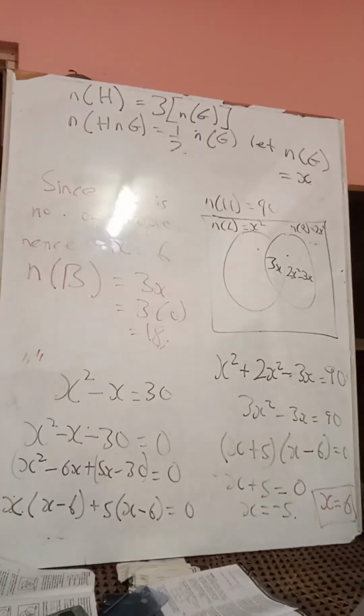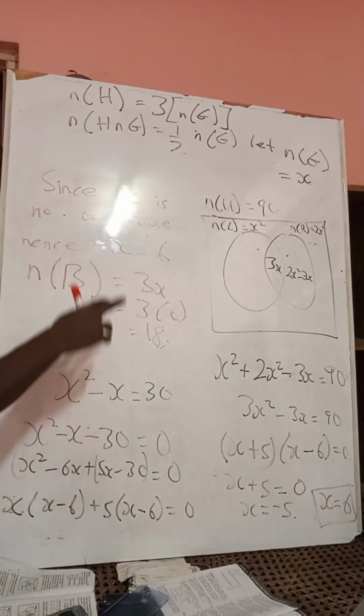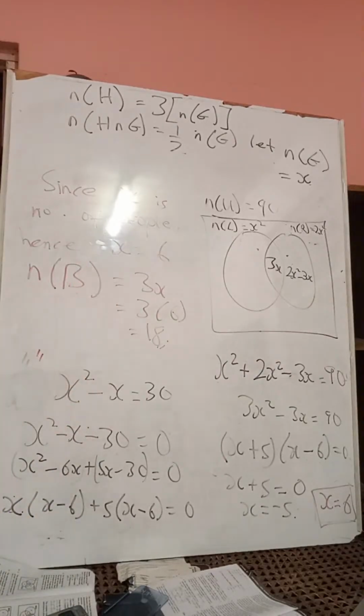That's how it's going to be. So you add them, then you substitute the values inside.